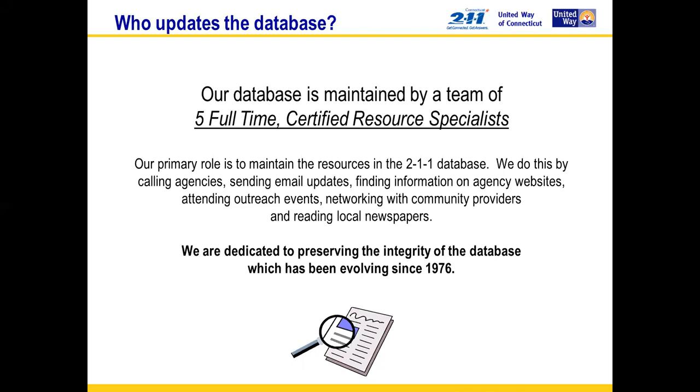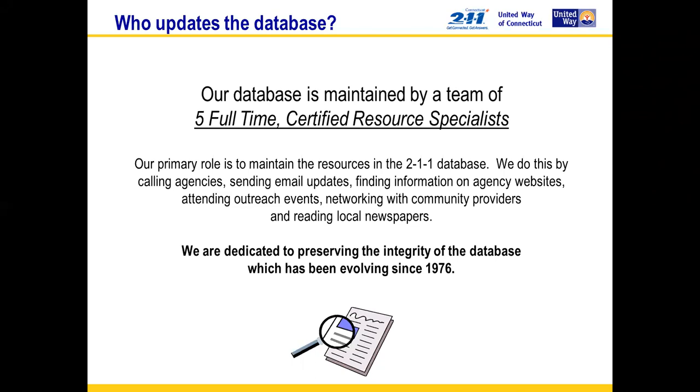As I mentioned up front, our primary role is to maintain this database, and we do this by various means. We call agencies, we send email updates, we investigate information on agency websites, and we attend outreach events where we network with providers and agencies who give us information about new programs or programs that are closing.